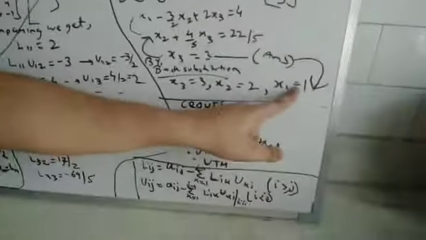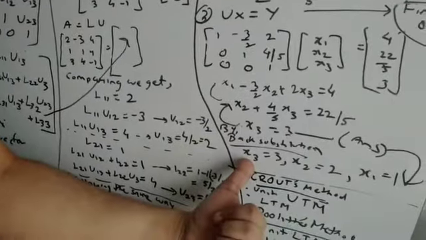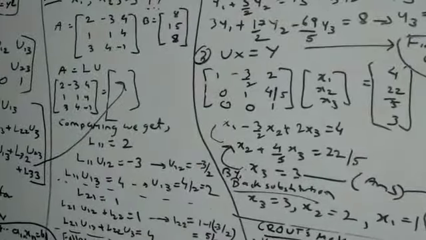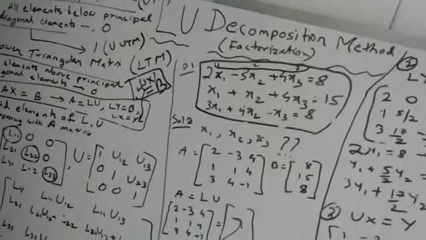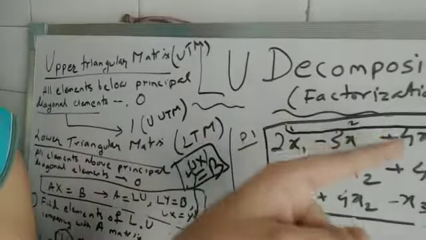So if I do this, I will get x1 is equal to 1, x2 is equal to 2, and x3 is equal to 3. So first we have calculated this one, then this one, then this one. So this is your result: 1, 2, 3. Okay. So now see, you can check whether your result is correct or not. x1 is 1, x2 is 2, x3 is 3.